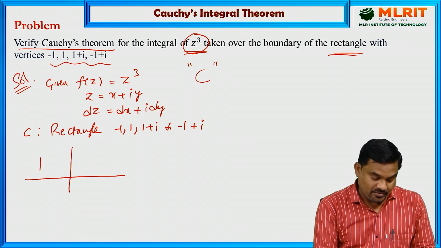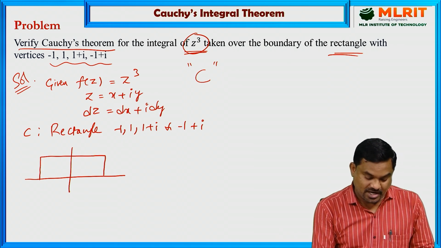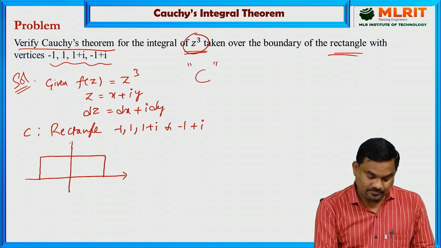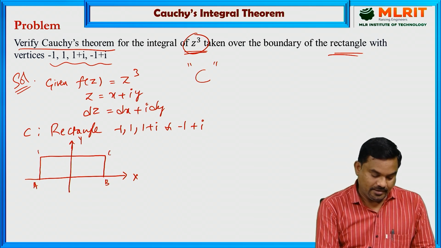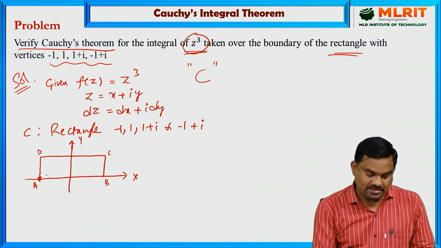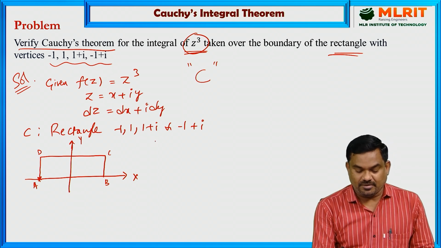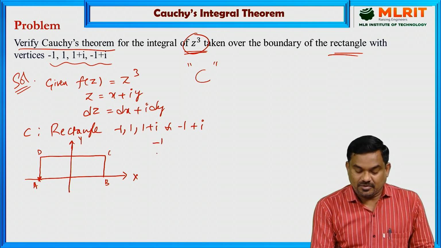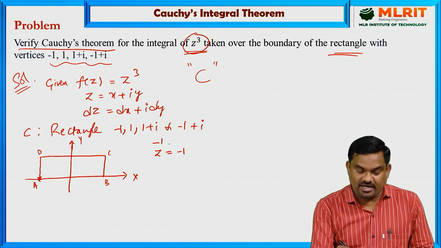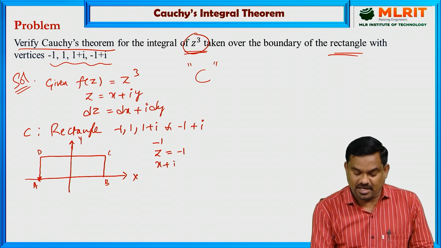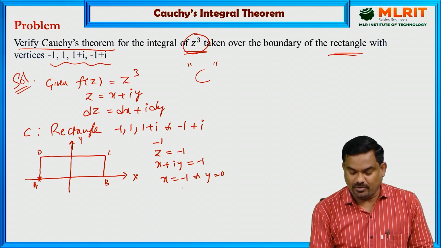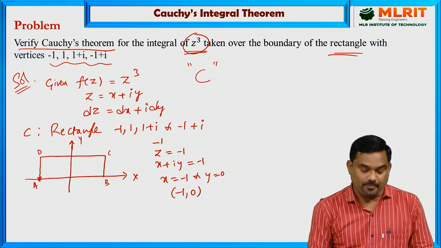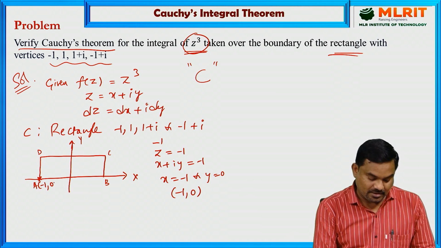So, first draw this rectangle, with points A, B, C, D. The first one is z equal to -1, but what is z? x plus iy. So x plus iy is -1, that means x equal to -1 and y equal to 0. So the point is -1 comma 0.